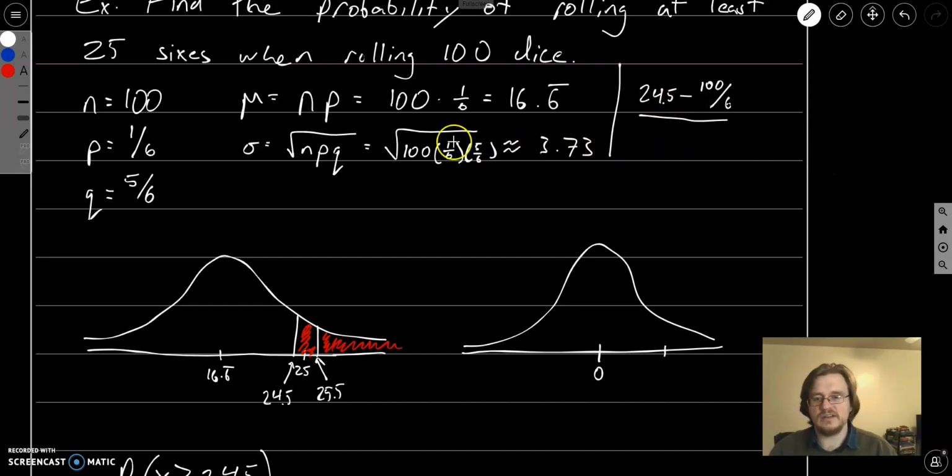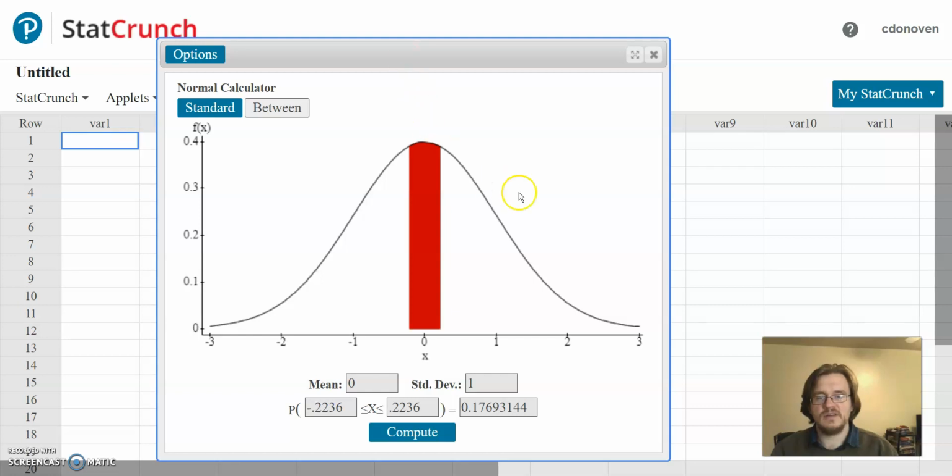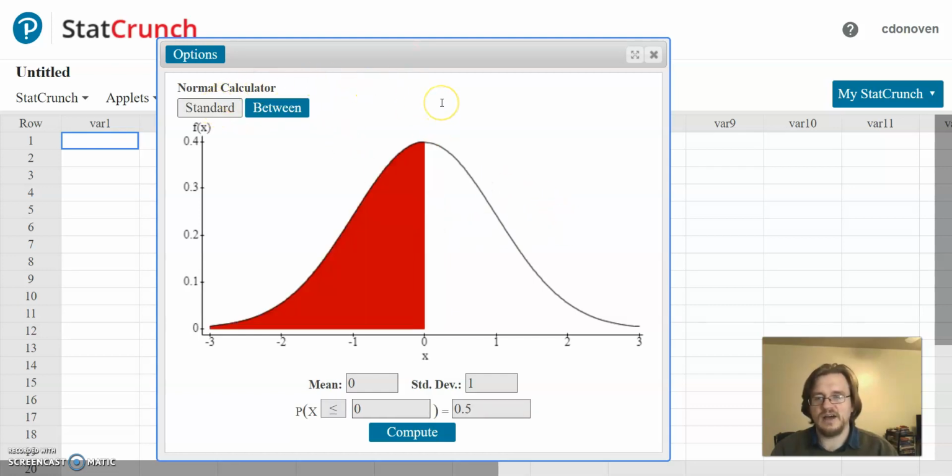Then I need to divide by the standard deviation, which would be the square root of 100 times 1/6 times 5/6. And this is now approximately 2.109.